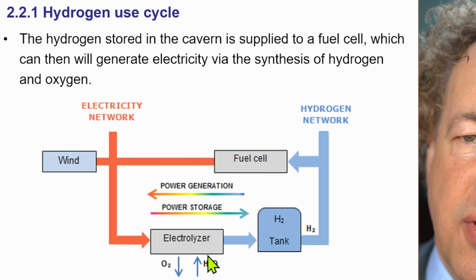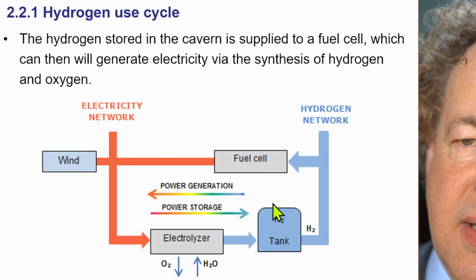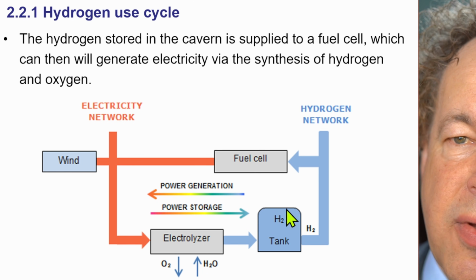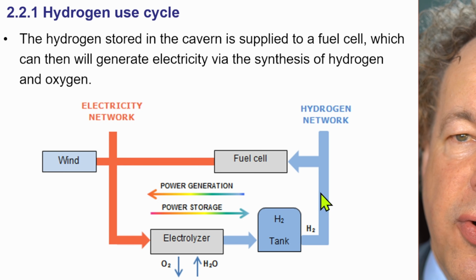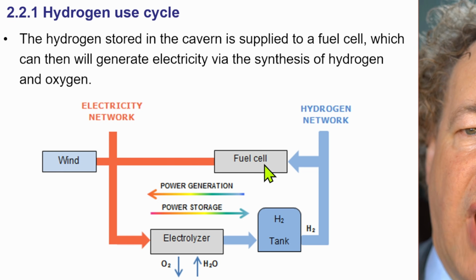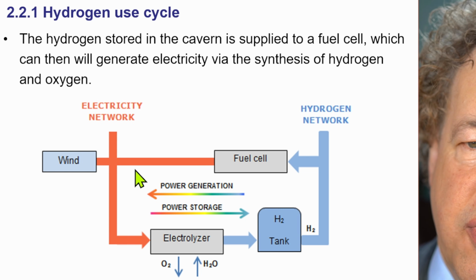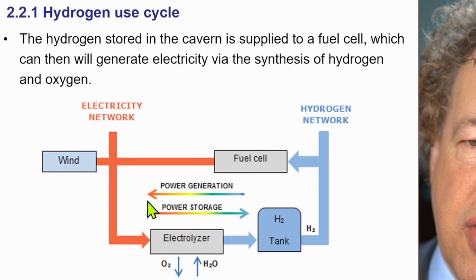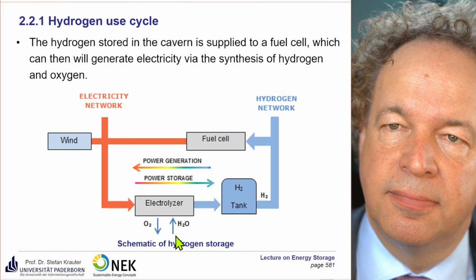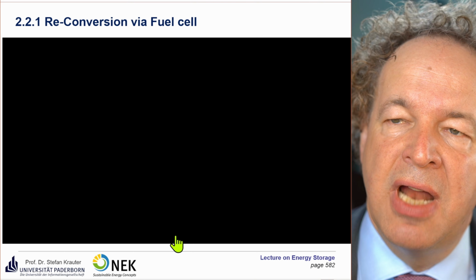It uses water and supplies hydrogen and releases also oxygen. We supply it to the hydrogen network. From the hydrogen network, we convert hydrogen and oxygen back via the fuel cells into electricity for power generation. The other way around is power storage. We see now a short movie about that.